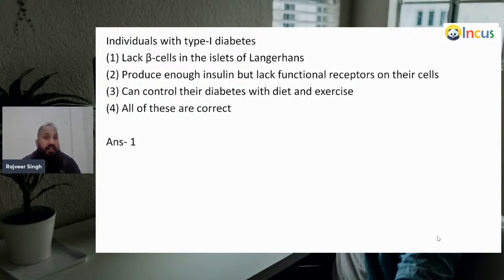Next one: an individual with type 1 diabetes lacks beta cells in the islets of Langerhans, produces enough insulin but lacks functional receptors on their cells, or can control their diabetes with diet and exercise. All of these are correct. Answer will be the first: lacking of the beta cells in the islets of Langerhans.